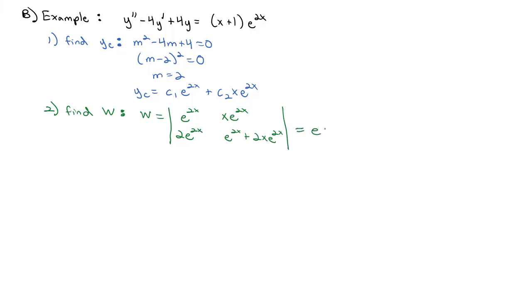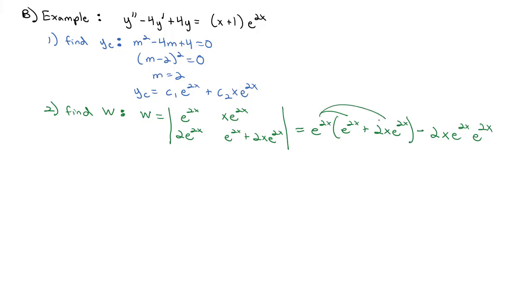Calculating that determinant, the first diagonal is e to the 2x times e to the 2x plus 2x e to the 2x, minus the second diagonal, which is 2x e to the 2x times e to the 2x.